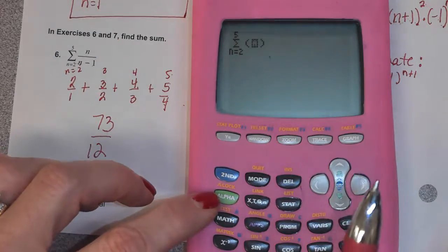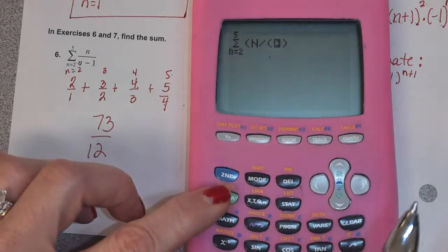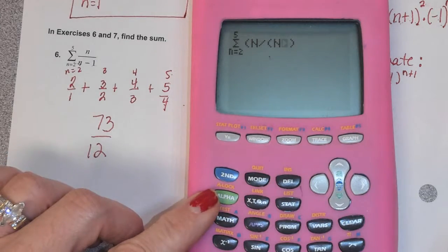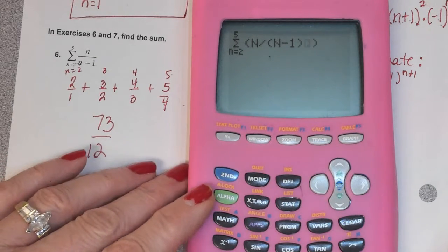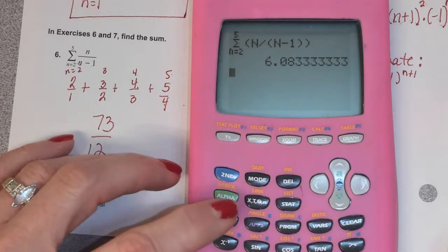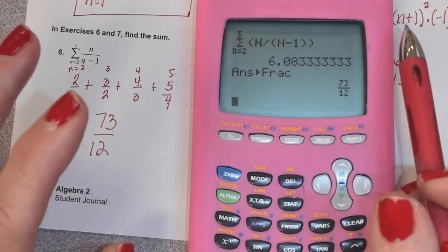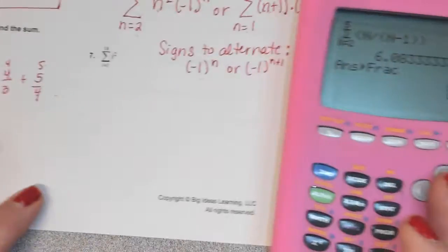I should have just used x. You don't have to push this n all the time then. x divided by parentheses x minus 1. So I could have put it in like this and then pushed enter. I get that. I math frac it. I get the same thing. You see what I mean? Two ways of doing it. Write it out or don't write it out.